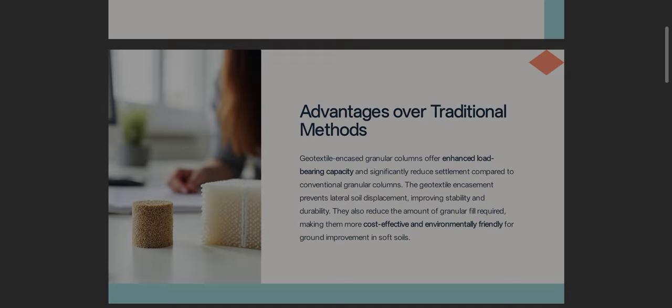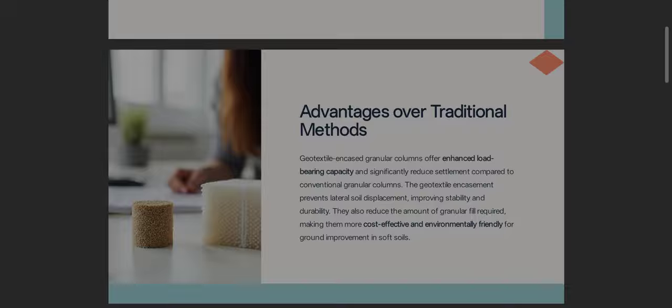Reduced bulging and deformation. Bulging is a primary failure mechanism in traditional stone columns. The encasement significantly limits lateral deformation, particularly in the upper portion of the column where confinement is weakest. This leads to improved stability and more predictable performance under loading.